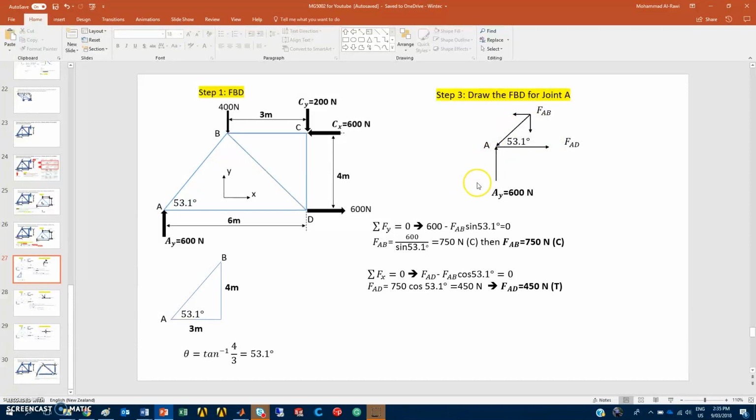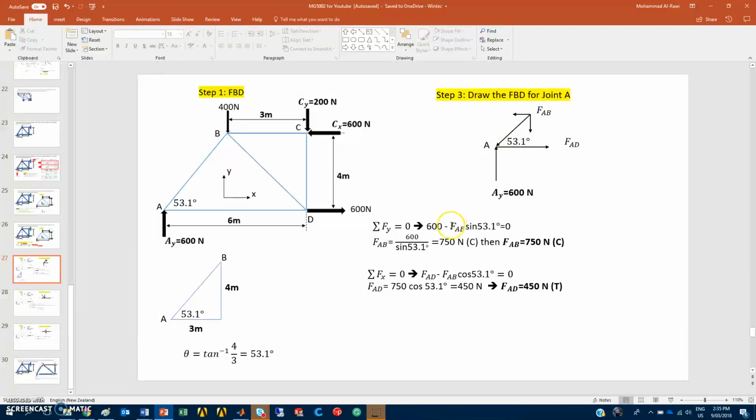I'm assuming it. Again, if I get negative answers, then I need to state it with the correct direction. Summation of forces in the Y direction, upwards going positive. So if you look carefully, I'm not looking at that one, I'm looking at that joint.